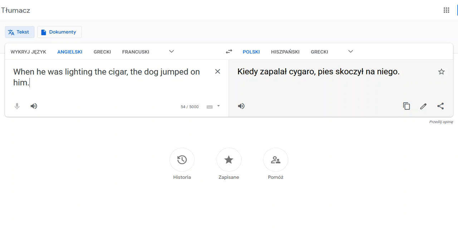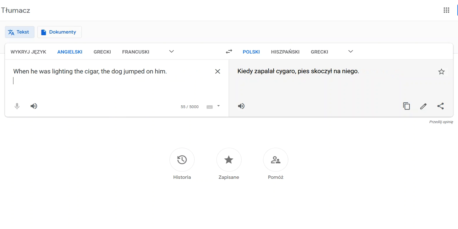So here the emphasis is not on the successive. Okay? Here the emphasis is not on the successive.